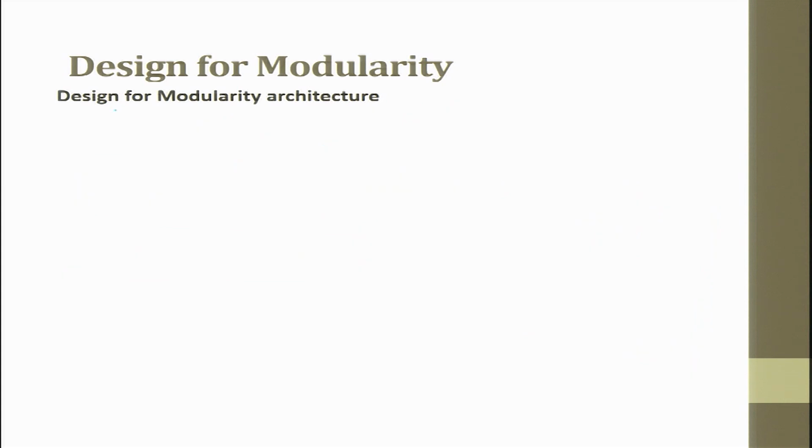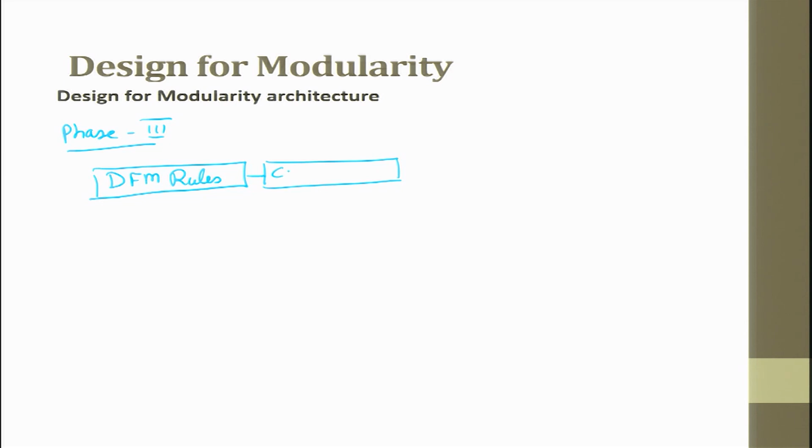Okay. So, now let us see phase 3. Phase 3, you have DFM, design for manufacturing rules, which is in turn linked with cost analysis, and this in turn is attached with detailed design, and this in turn is attached with prototyping.